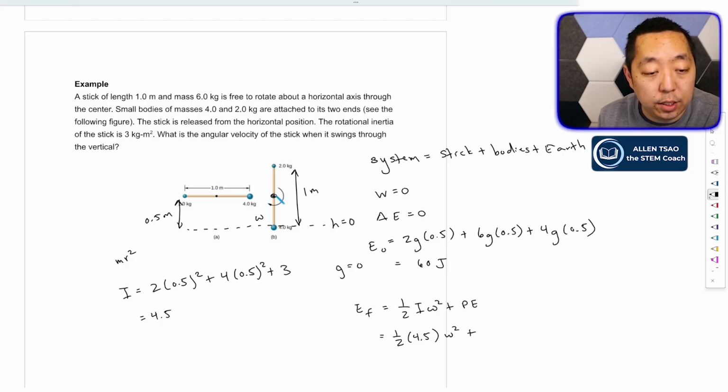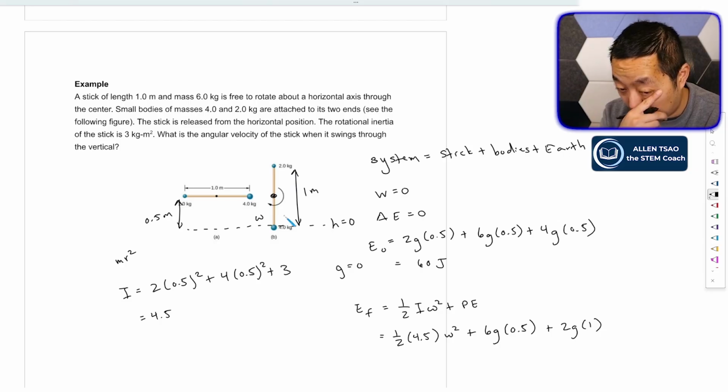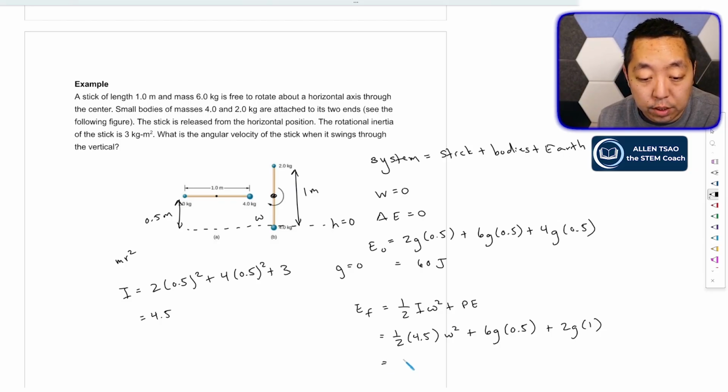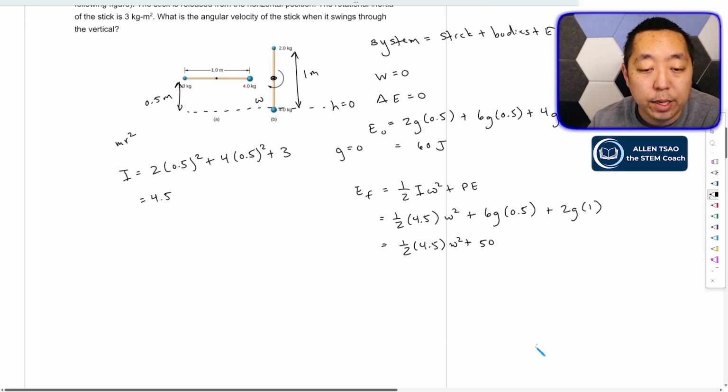The 6 kilogram stick is still located 0.5 meters away, but the 2 kilogram mass is now located 1 meter away above there, right? So mgh of everything here. So this is 1/2 times 4.5 omega squared plus, what is that? 30 plus 20, that's 50. And by conservation of energy, that equals 60.